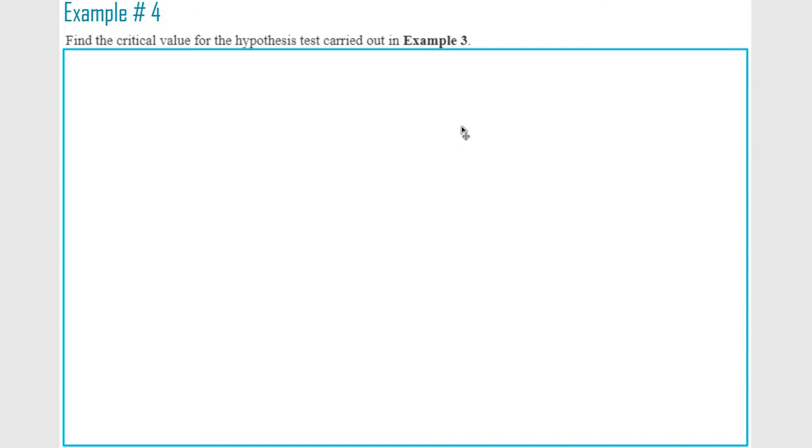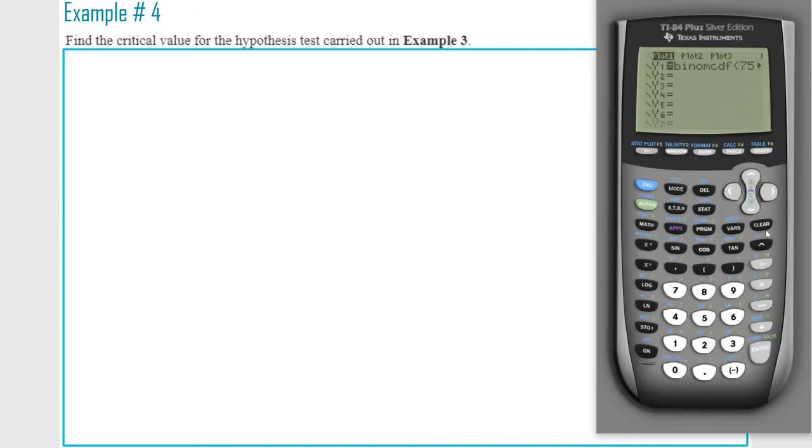Okay, so let's find the critical value for that last one. So I would go to my calculator and I would plug in the Poisson CDF, and now the X value would just be X. Okay, so then now my table set is going to start at, let's see, 300.